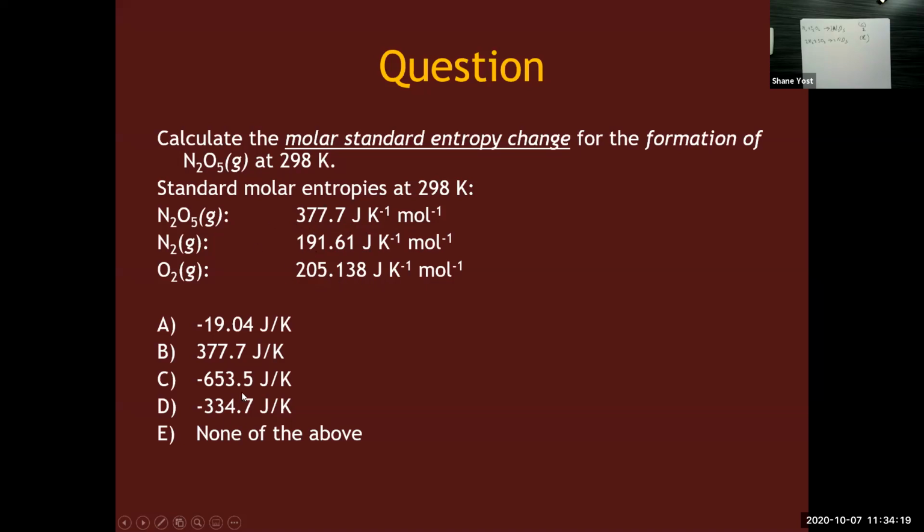And that will give you, roughly rounding, negative 376.8. None of these are negative 326 or 327, so none of these are correct, and E is going to be the right answer.